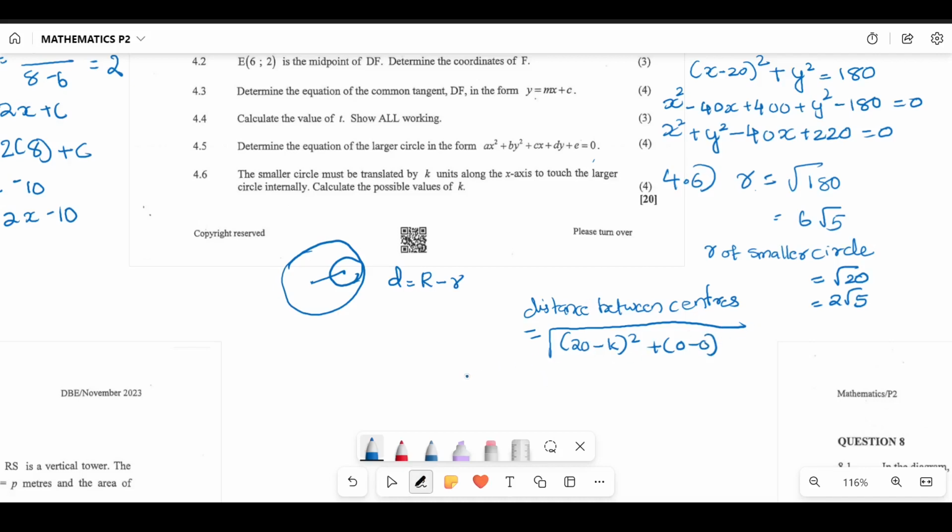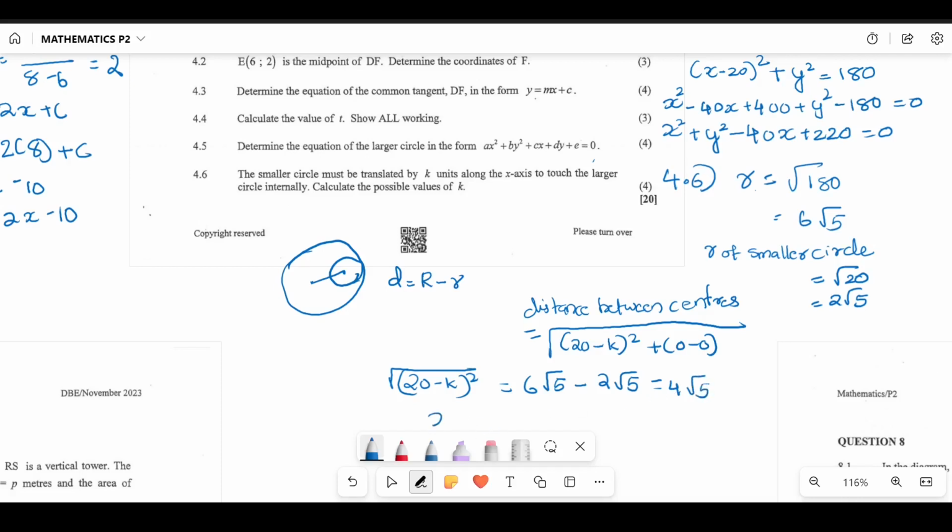So we substitute in this formula: the distance between the centers, √((20 − k)²), is equal to 6√5 − 2√5, which is actually 4√5. Now square both sides.